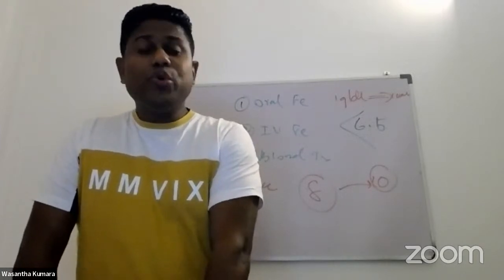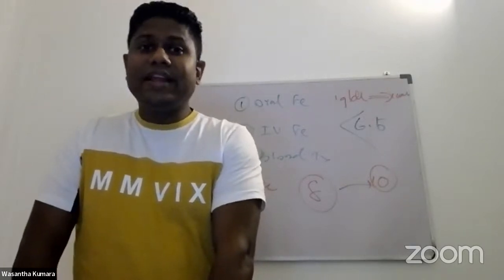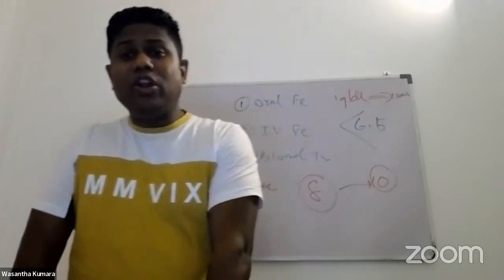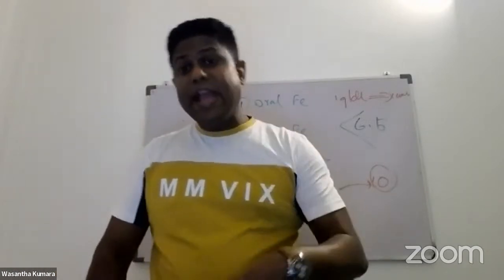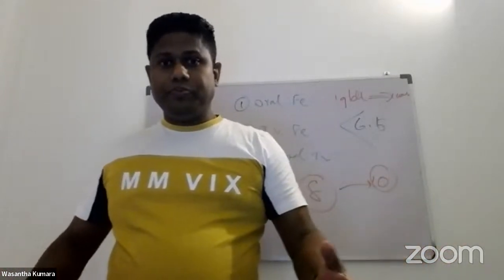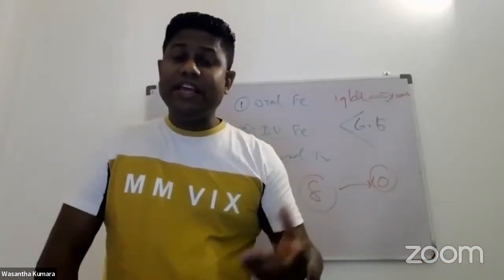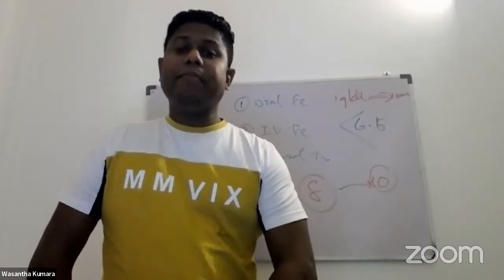Remember, you can't do HbA1c at 30 weeks, 35 weeks, 36 weeks, something like that. It's not reliable. It is reliable only in the first trimester and pre-pregnancy time, mainly to predict the outcome. HbA1c level is to predict the outcome of pregnancy in chronic diabetic patients.